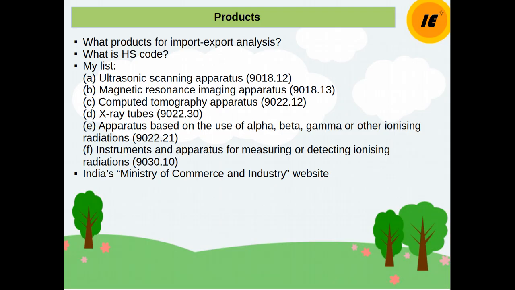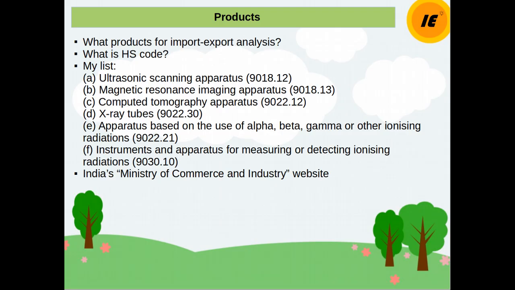So I choose the ultrasound imaging system, the MRI machine, computed tomography apparatus, maybe CT as well as maybe PET, SPECT, who knows, X-ray tube, and apparatus based on alpha, beta, gamma, and other ionizing radiation, instruments and apparatus measuring and detecting ionizing radiation, and all these things. Apart from medical use, of course, these might contain educational purposes also.